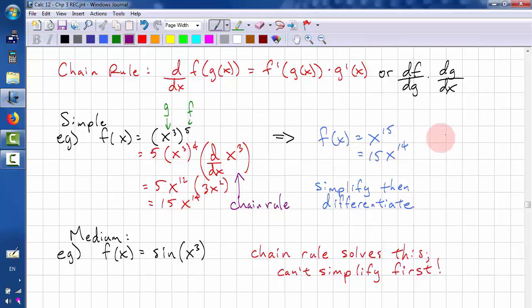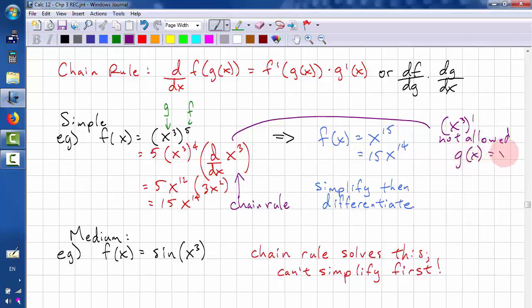And just a reminder, for x cubed prime, we're not allowed to do this, not allowed. You have to write g of x equals x cubed, g prime of x equals 3x squared.